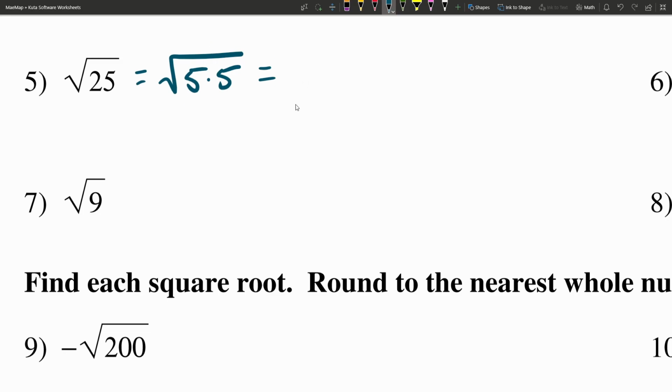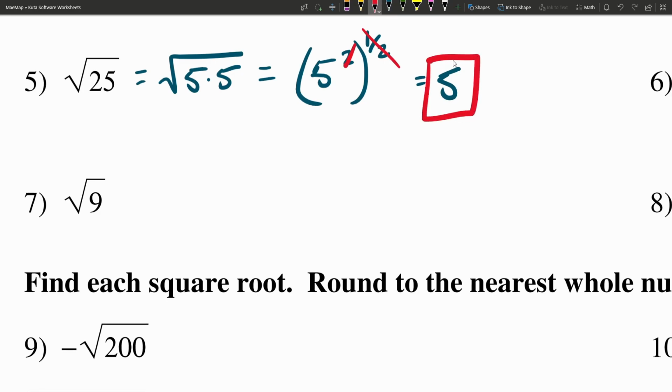Remember, this square root is the same as an exponent of 1/2. So we can say 5 squared raised to the 1/2. That 2 will cancel out with our fraction of 1/2 to leave us with 5. So because 5 squared equals 25, the square root of 25 is 5.